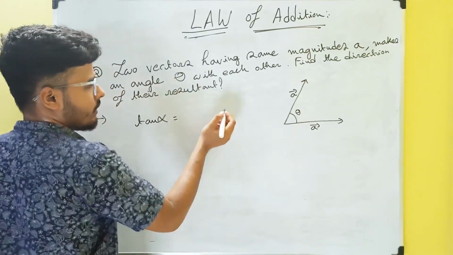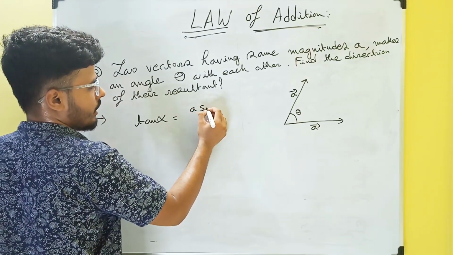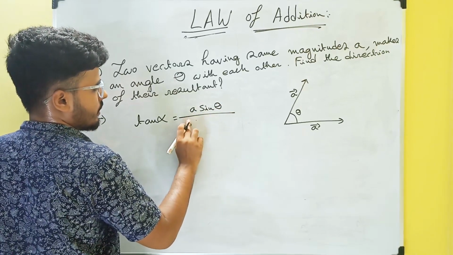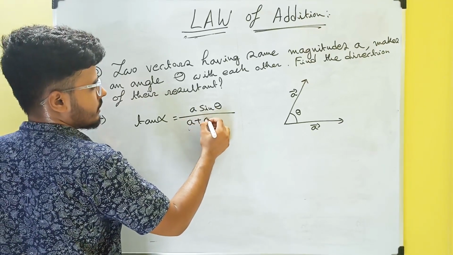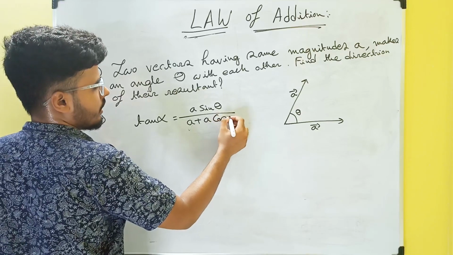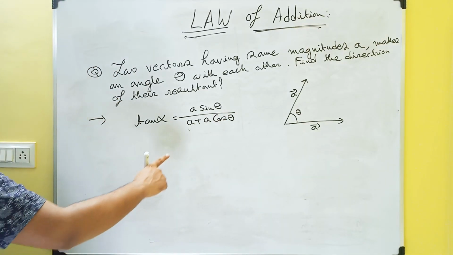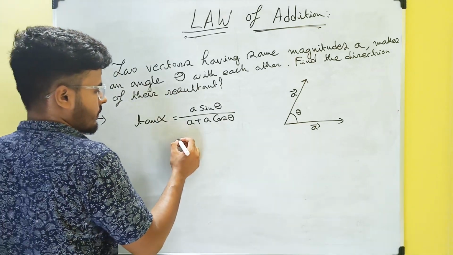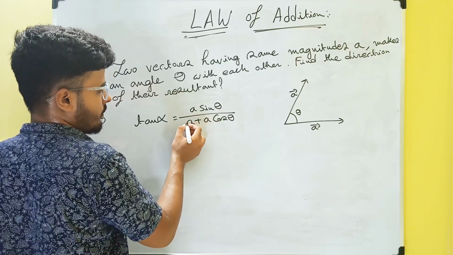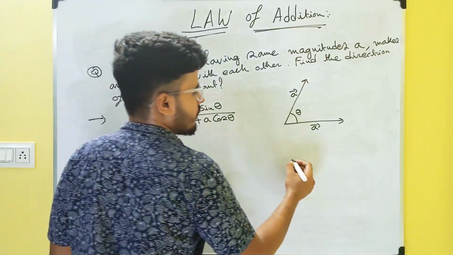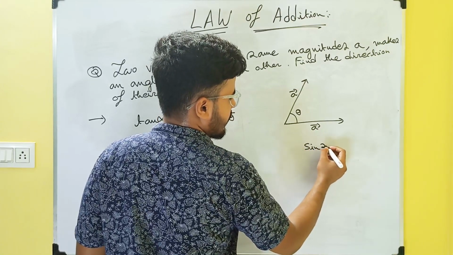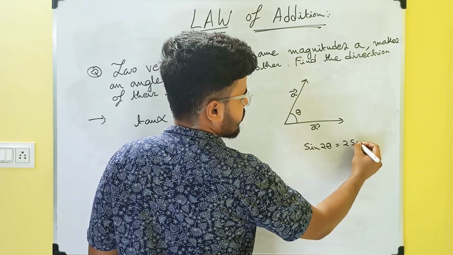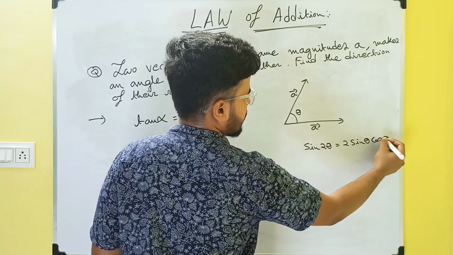Tan alpha equals A sine theta by A plus A cos theta, right? So what will be the angle between them? If we take common from this side, and we know the formula of sine 2 theta, right? Which is 2 sine theta and cos theta.